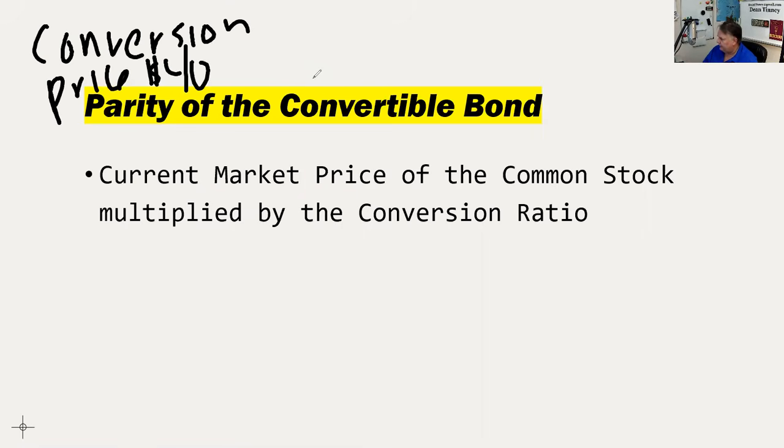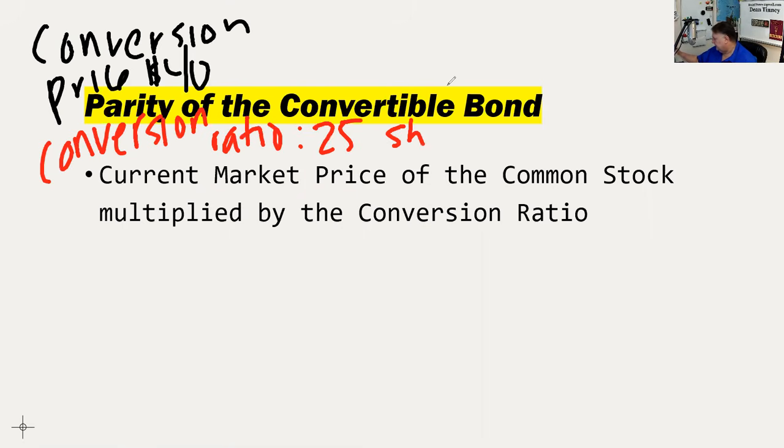And we had established that if the conversion price was 40, more importantly, the conversion ratio, that's way more important, was 25 shares. We had established that. When this thing was issued, the stock would probably be 37, 38.